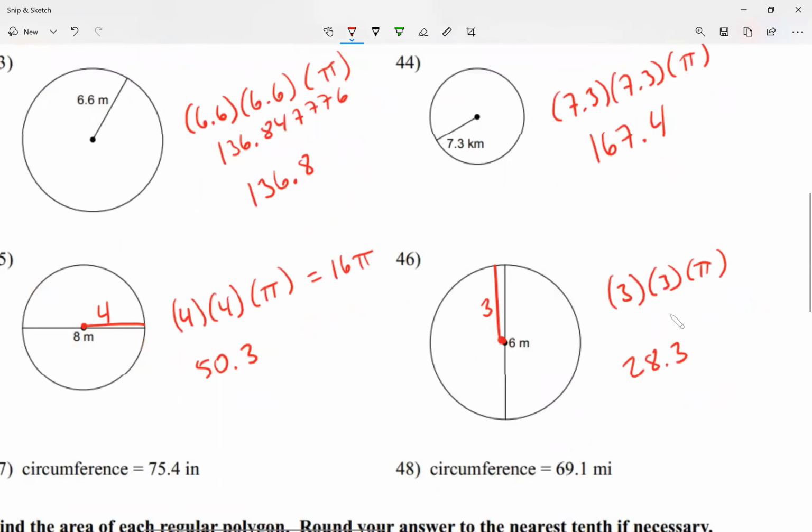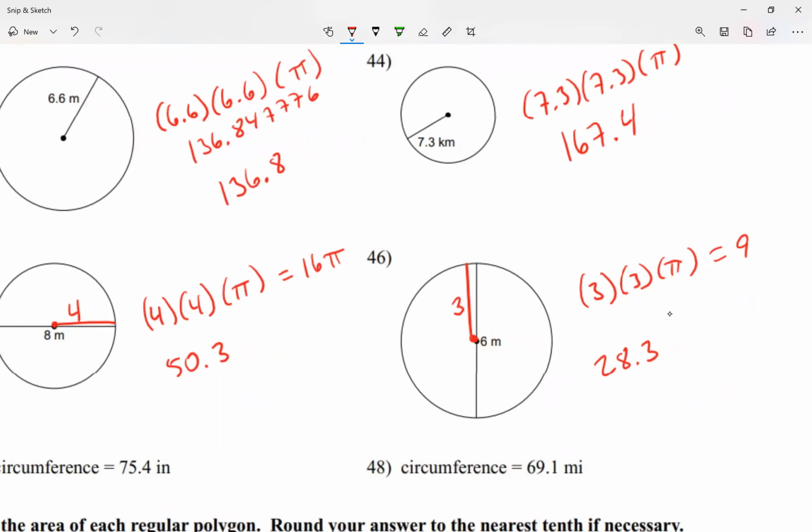Question number 46, I would have written this as 9 pi. I just multiply the numbers, leave pi as a pi. Now, if it says, use a decimal, then I go 9 times pi. That's really what I did. 9 times pi, then it gave me 28.3.